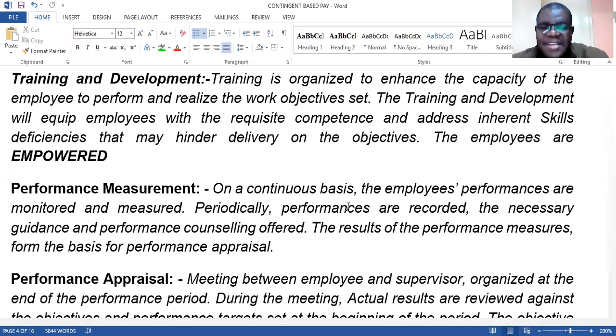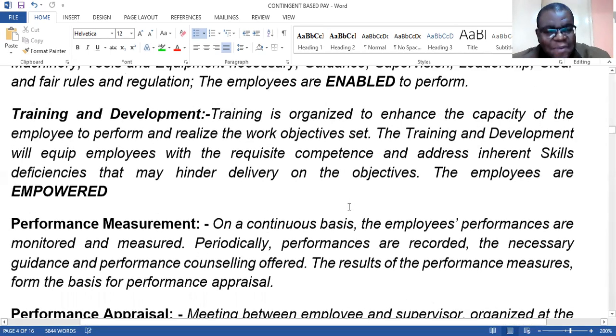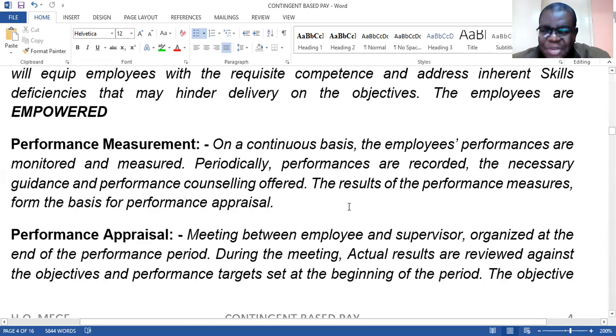So through training, you empower the employees to perform. Once you've created an enabling environment and empowered the employees, then you roll out the performance. They work over the period towards achieving the set performance targets. On a continuous basis, you measure performance, you record, you guide as necessary.